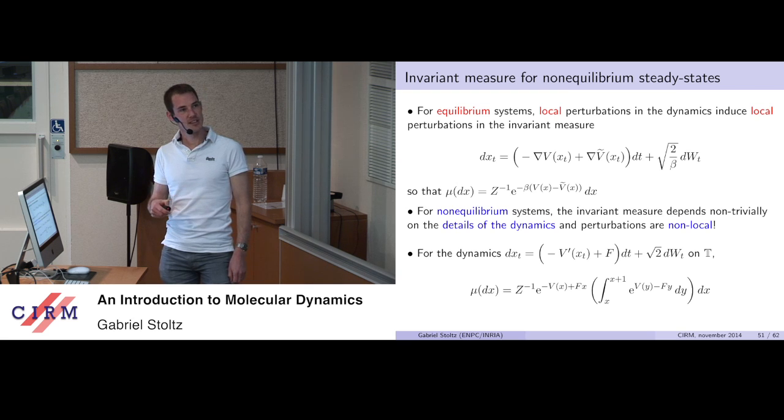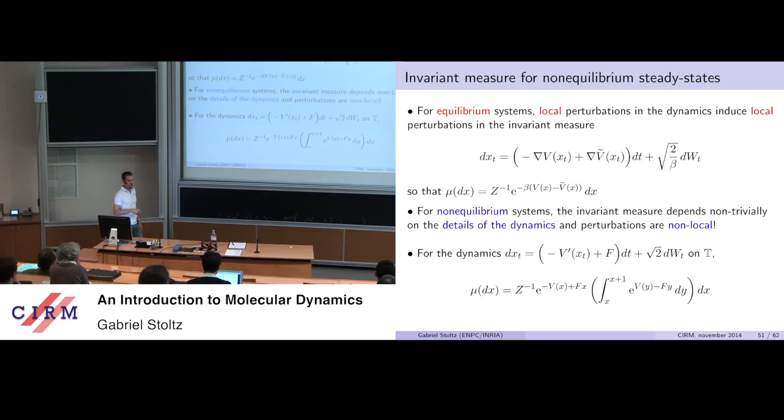So I consider these dynamics, again on the torus, where the forcing is not a gradient term. When you write down the invariant measure, it turns out that in 1D it has an analytical expression, given by this expression. Here you see that adding f, even a very small f, changes the invariant measure everywhere.